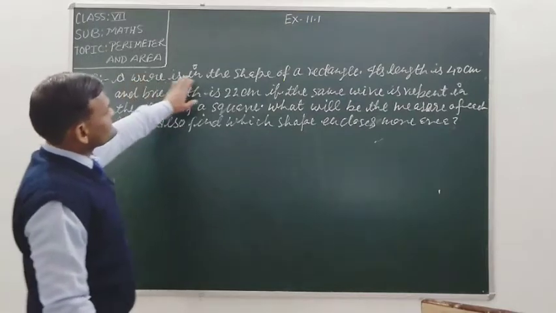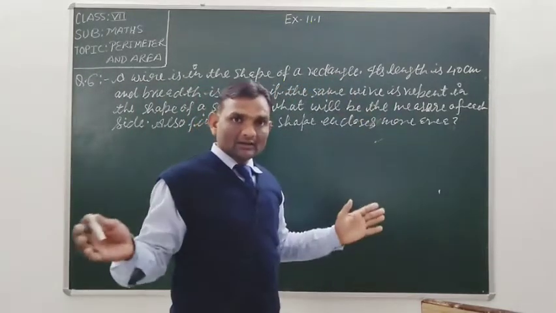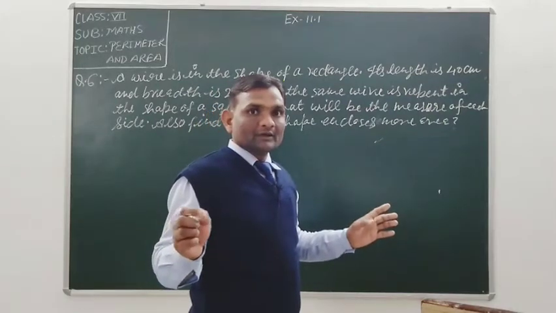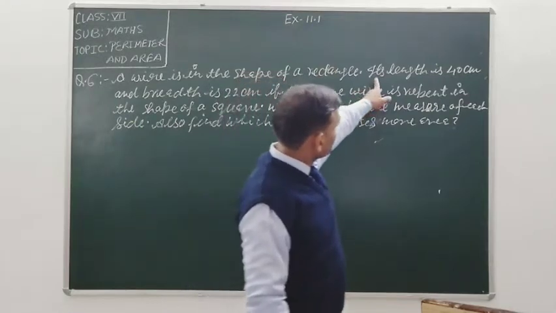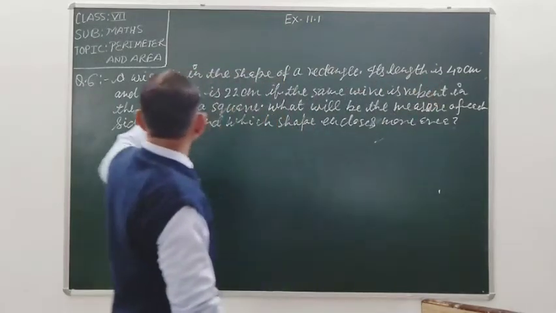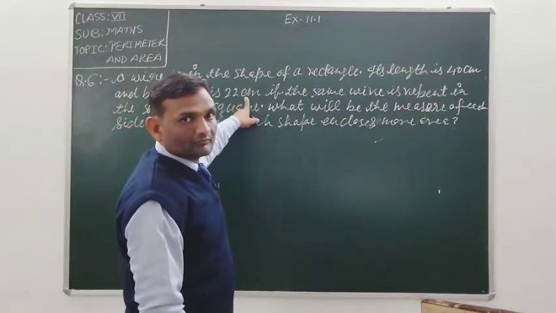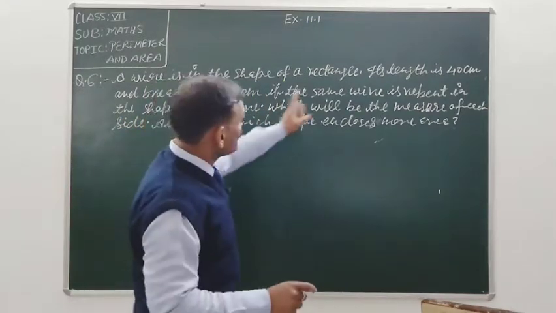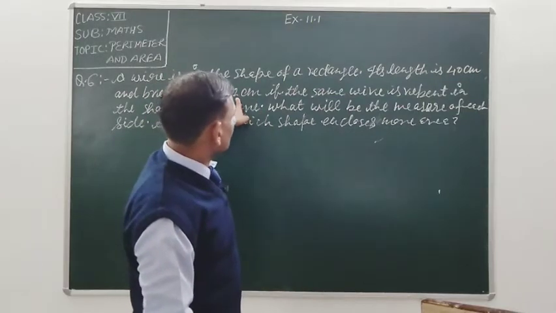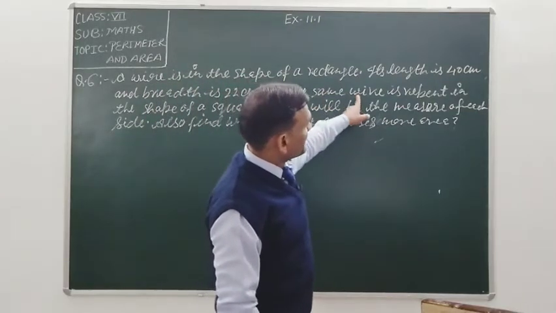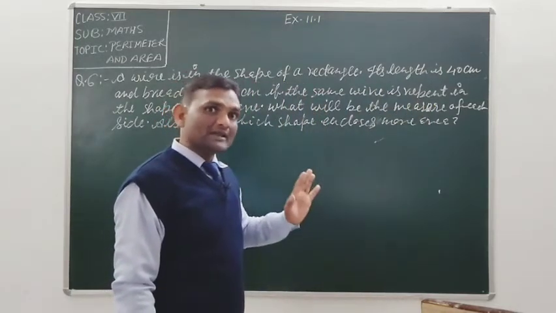A wire is in the shape of a rectangle. There is a wire, and by bending it, we are making the rectangle. Its length is 40 centimeter and breadth is 22 centimeter. If the same wire is reshaped, the length of the wire is same.